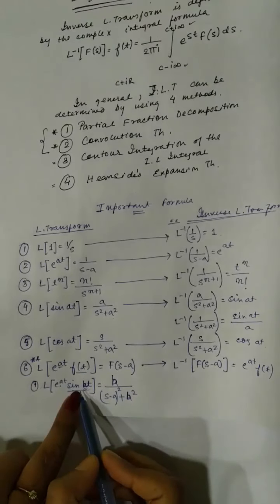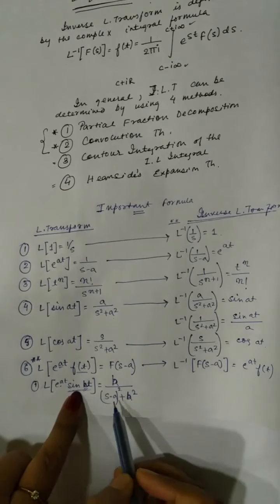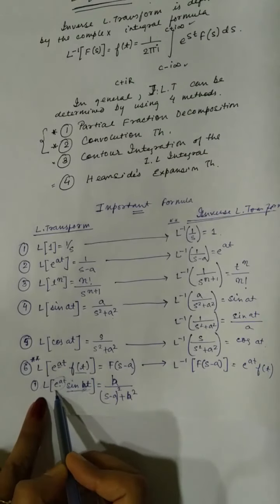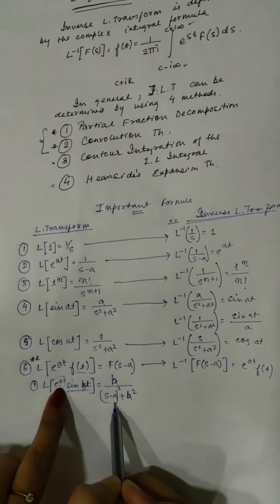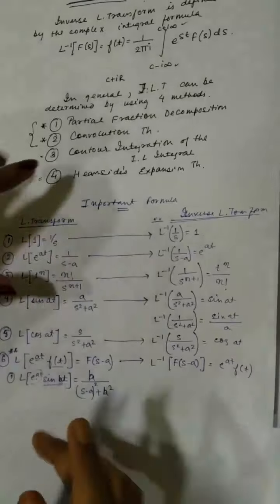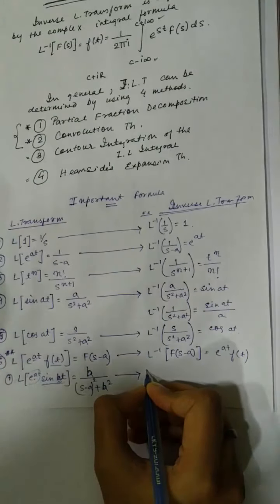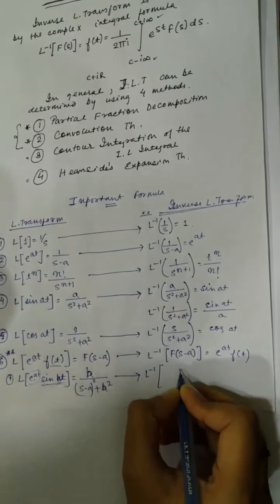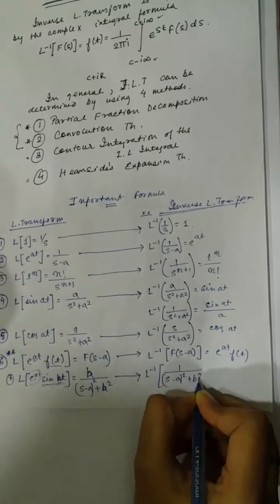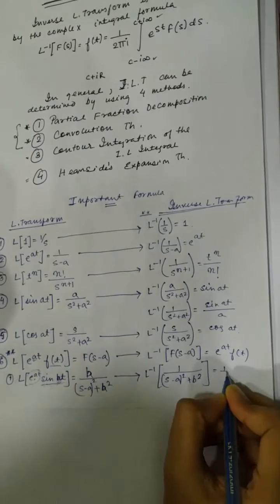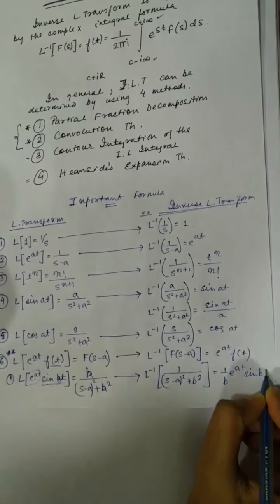The Laplace transform of sin bt is b divided by s square plus b square, but since e to the power at has been multiplied to sin bt, s has been replaced by s minus a, right? So immediately from here we can write the inverse Laplace of 1 divided by s minus a whole square plus b square gives you 1 by b e to the power at sin bt.